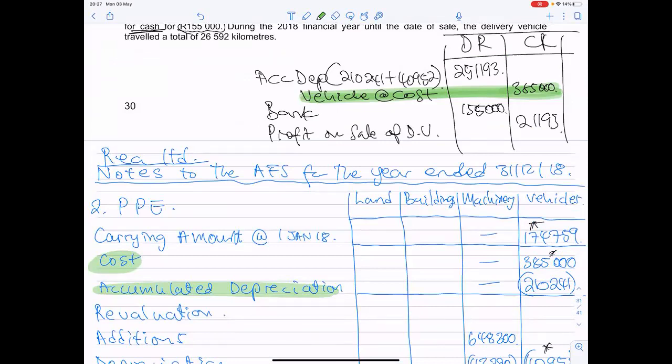So we don't have the vehicle at its carrying amount in the books, but we have the vehicle at its carrying amount in the statement of financial position, because we're just showing its carrying amount because we've done the calculation. So now when you come to disclose your PPE note, you're going to show that when the asset was bought, it had a value of 385, and we calculated the total depreciation since it was bought until today, the amount is this much.